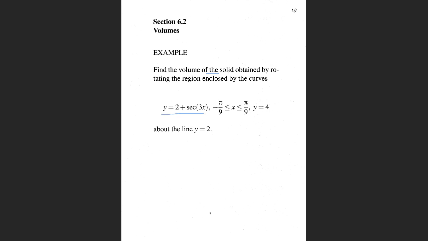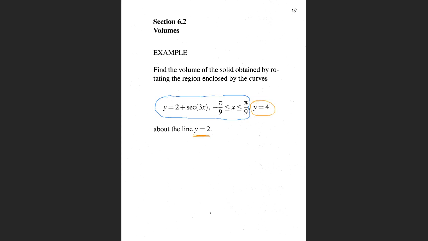And we're restricting x to be between negative pi over 9 and pi over 9. This is the one curve. And then the other curve is y equals 4. Okay, so we're going to rotate this region about the line y equals 2.